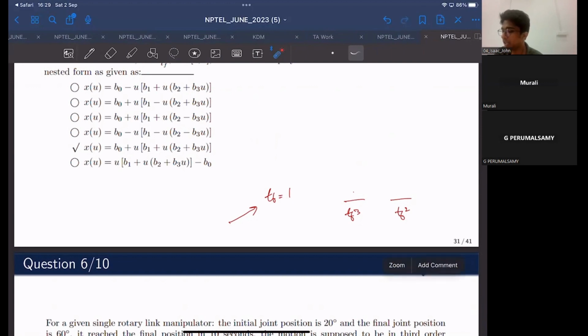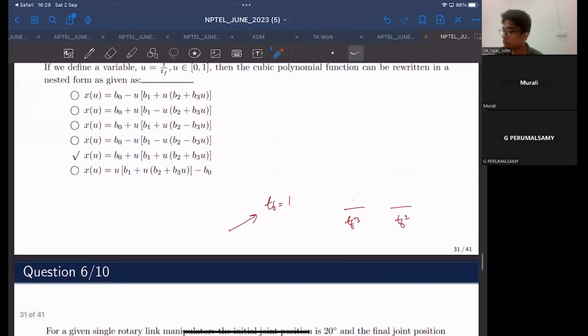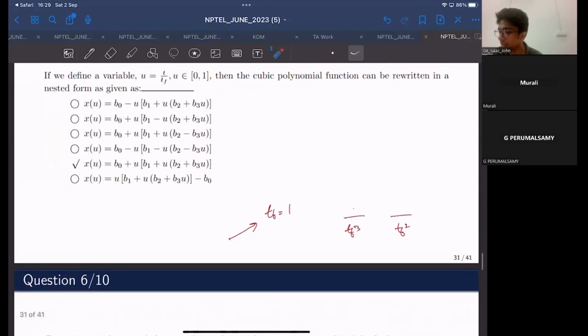But I hope this is clear enough, because if you are not scaling, or if you are not using this substitution, and if your TF is actually very large, some of the coefficients would tend to be very small.